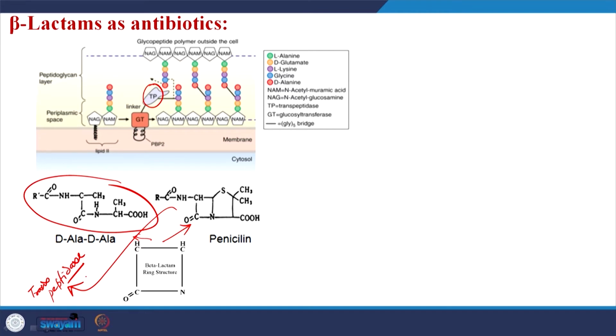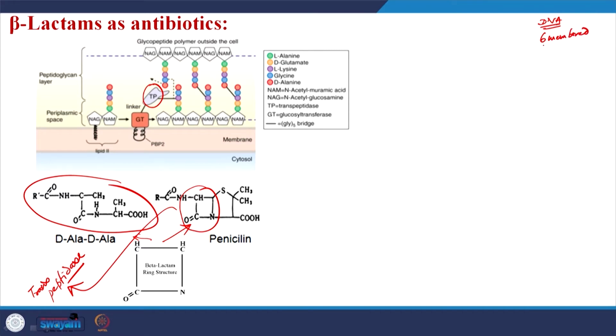That is not the end. Here you see a 4-member beta lactam ring. If you do simple mathematics, you understand what I am talking about now. If you look at biology, you look at DNA, you will see 6-membered rings.